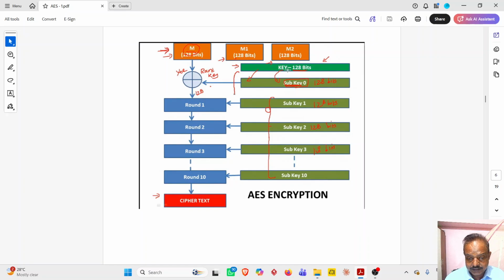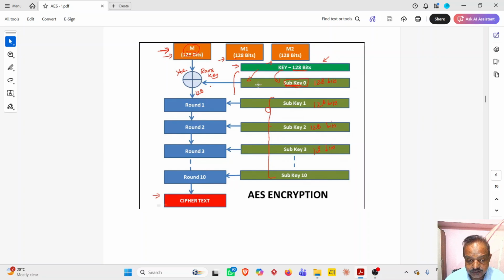Then I declare a key. The brown color, whatever you see, is the data M1, M2, M3, the plaintext, I put it there. And this green color, what we see, is a key, I put it as 128 bits. So this block is 128 bits and this key is also 128 bits. Then we go for the key generation. Suppose sub key 0 is the same key as it is, we put it here.